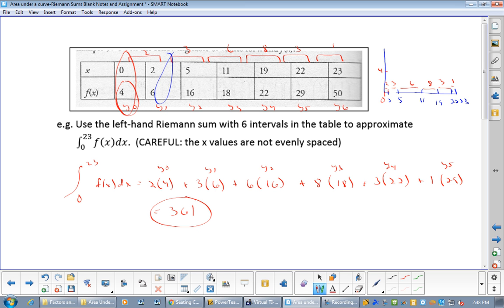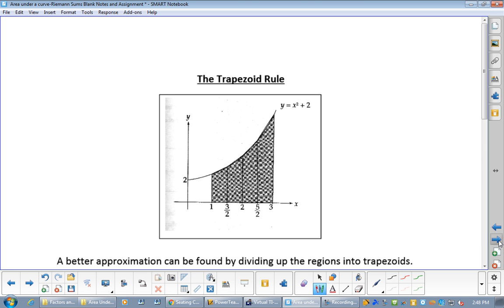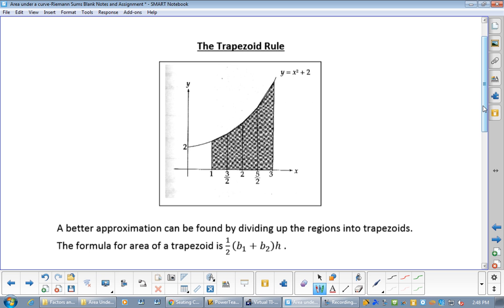There's just one more thing I want to show you here, and that is the trapezoid rule. For those of you that forget the trapezoid rule, here's a trapezoid that I can draw. If I bring that trapezoid out here, I could label it.